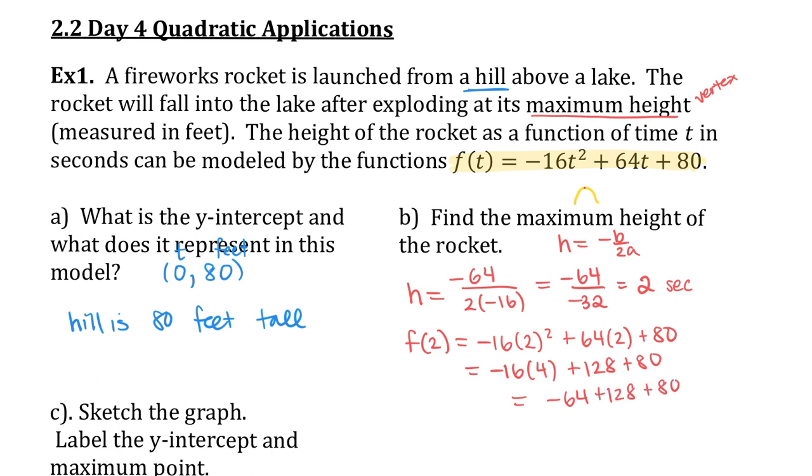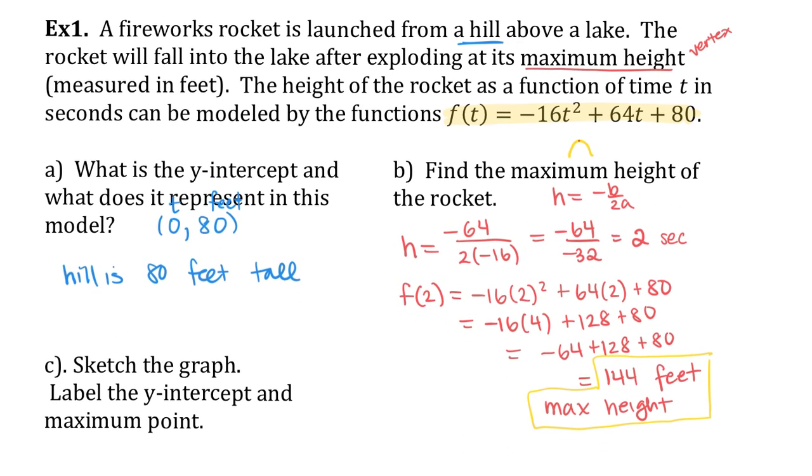What is that? 64 plus 80, so 144. So at 2 seconds, this is 144 what? Feet. So the max height is 144 feet.